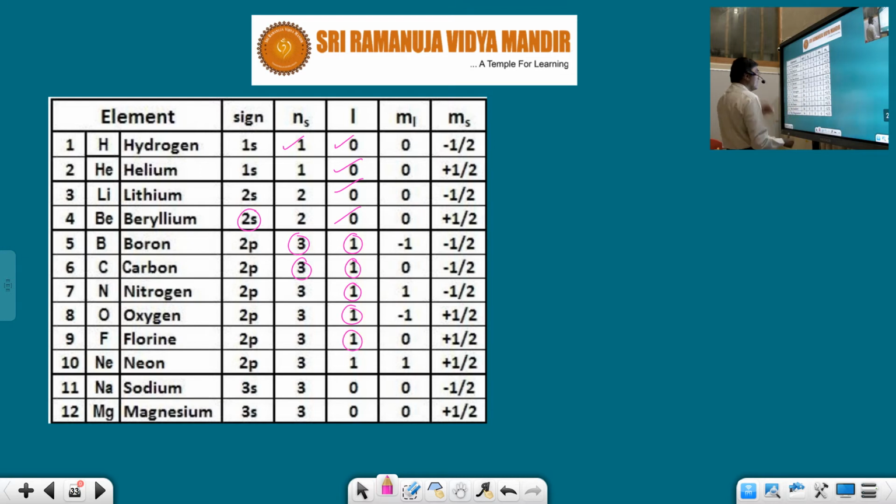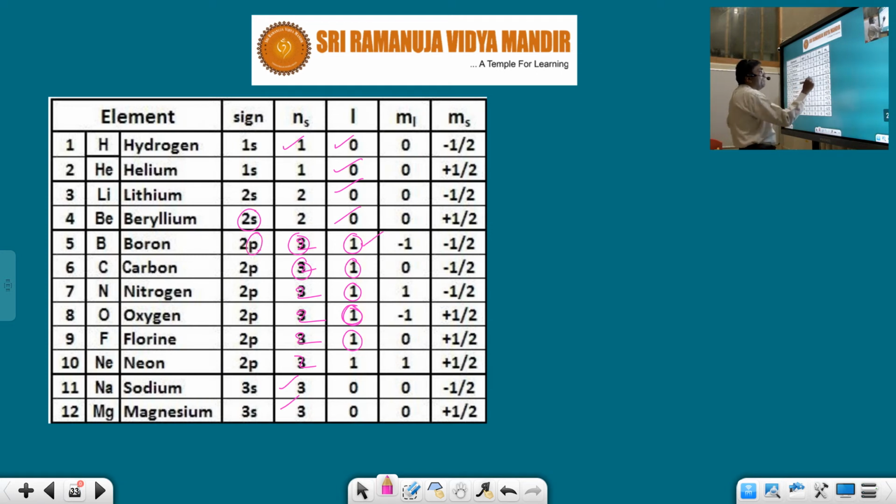Now here this is 2p. The n value is wrong here, it should be 2. These are all 2. This is 3 here, the last one is 3. This is fine.